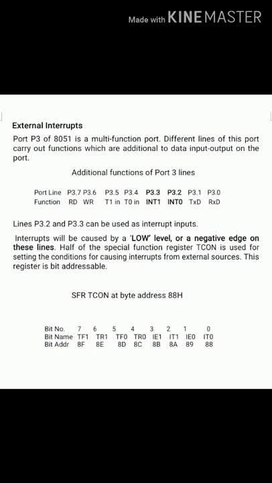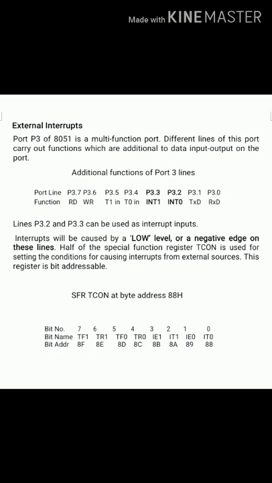If this particular bit is 0, then the interrupt will be detected with the help of a low pulse signal. So these 2 bits IT0 and IT1 will define the nature of the interrupt signal that comes. If it is 1, it should be negative edge triggered, or if it is 0, it should be a low level pulse signal.